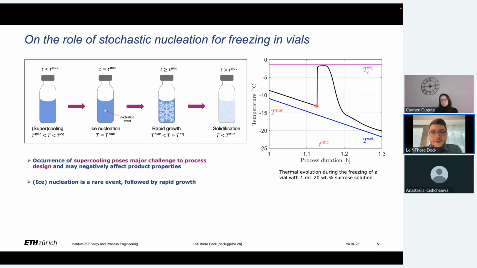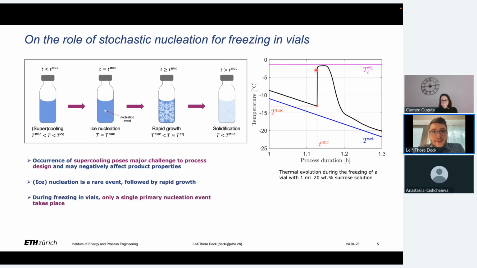And this is important to understand. So we are in the liquid state. At some point, we form a random nucleus, and this is followed by very rapid crystal growth. And this crystal growth is actually the reason for this rapid rise in temperature to the equilibrium here. So we have a slow process, which is nucleation, which can happen at any time, which is followed by a fast process responsible for this increase in temperature.